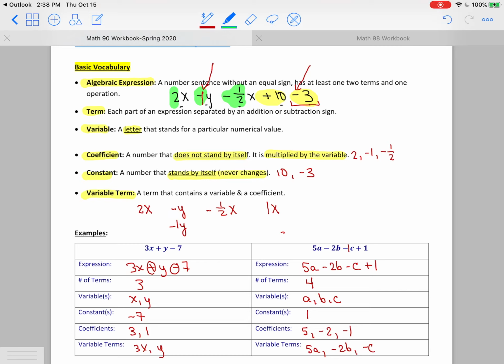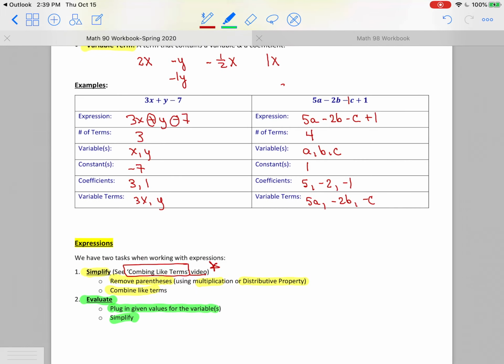Well, when I plugged in a 25, I was evaluating that expression. I was plugging in a 25 for C, and I was adding 5 to it, and I came up with 30 cookies. So that's exactly what this means down here, to evaluate an expression.